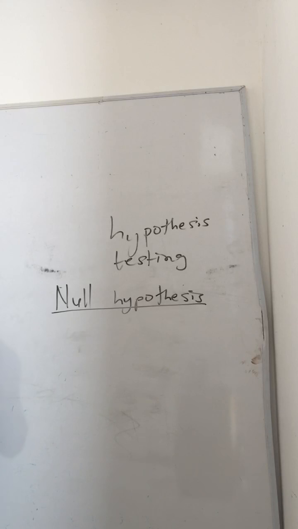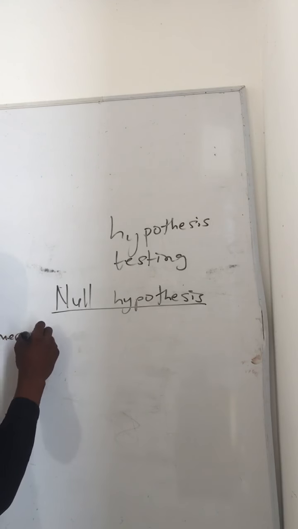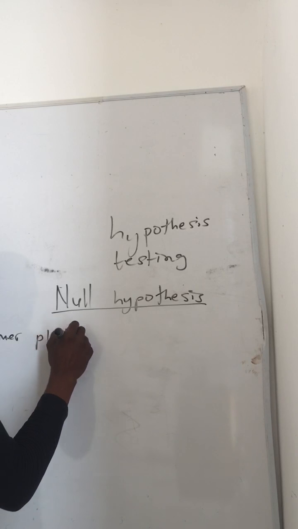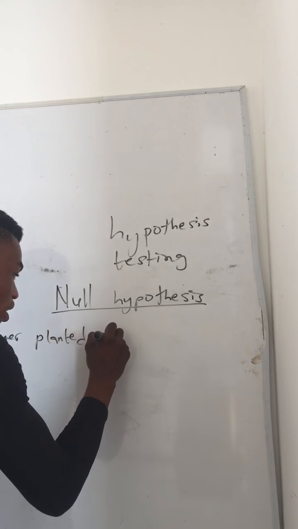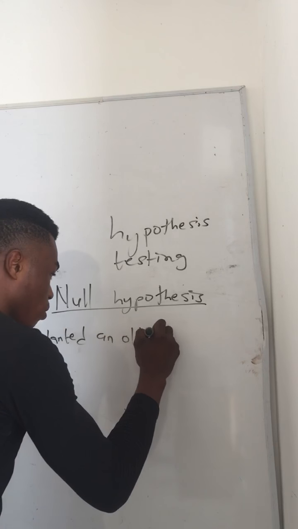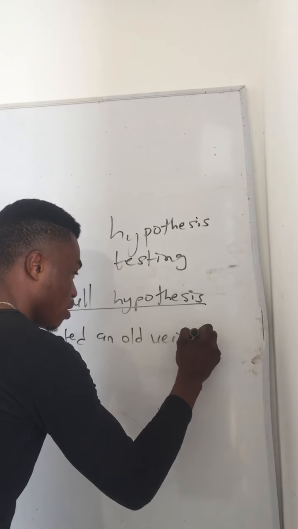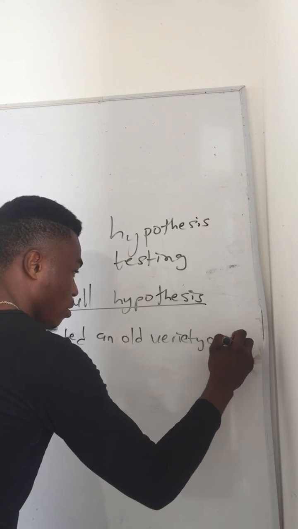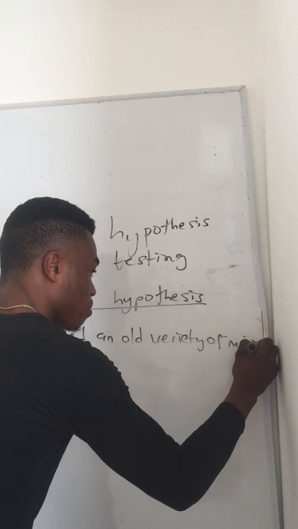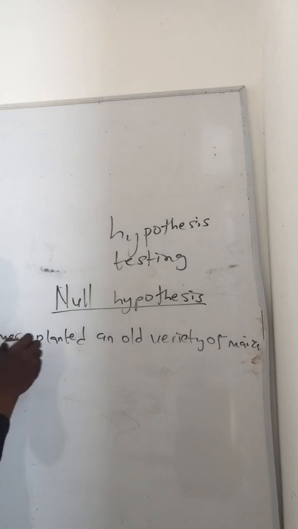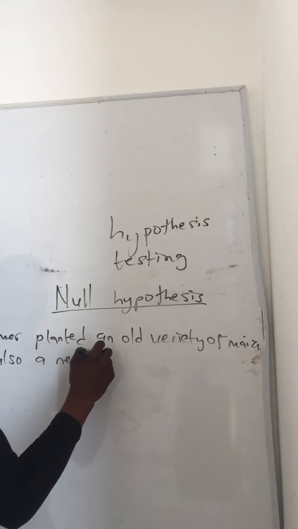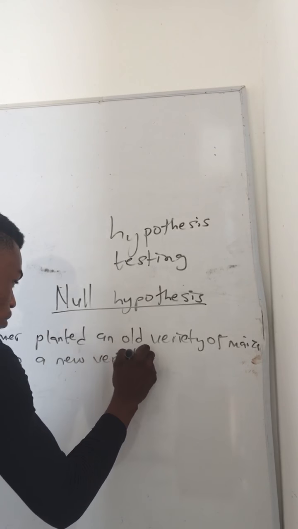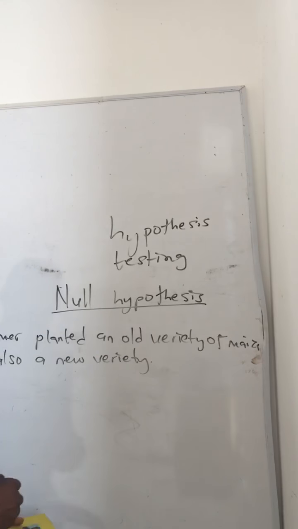So we say: a farmer planted an old variety of maize and also a new variety.